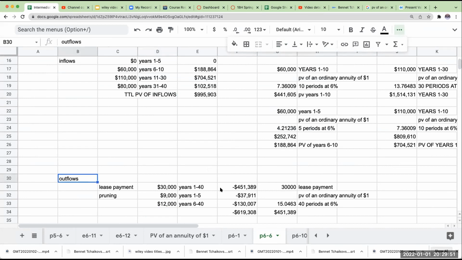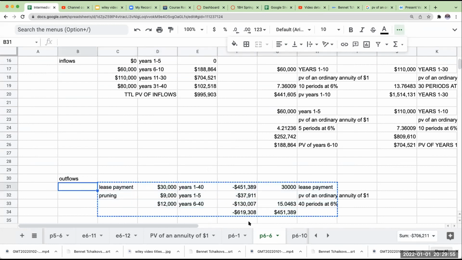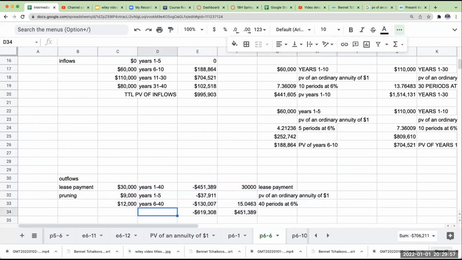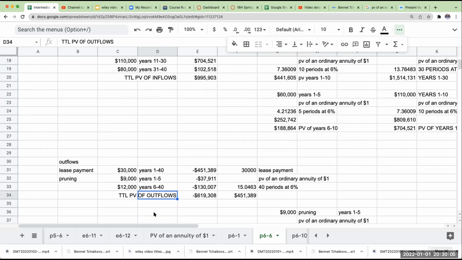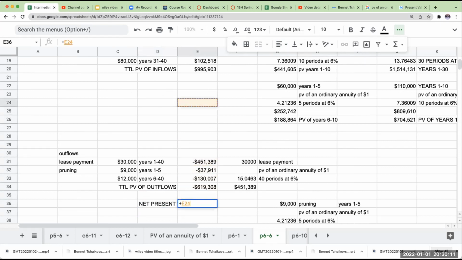My present value of my outflows, let's move this over to be a little bit more aligned, is going to be 319,906. My net present value is going to be 995,903 minus that. Over here, I got 376,595.